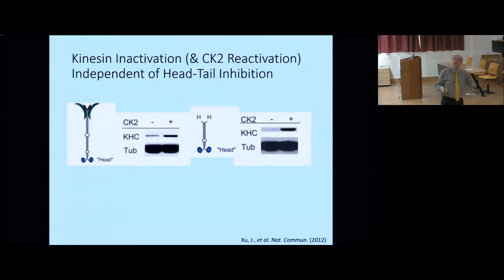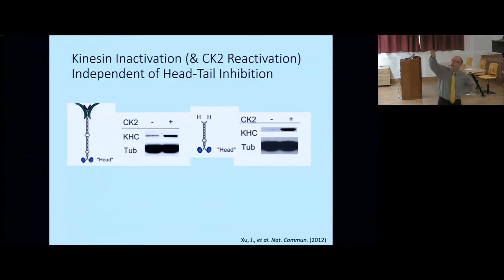Okay, so the first experiments were done with full-length kinesin that had a tail, and you got more kinesin on the microtubules. But you can make a truncated version, K560, that has no tail, so it's always active, and that was also activated.